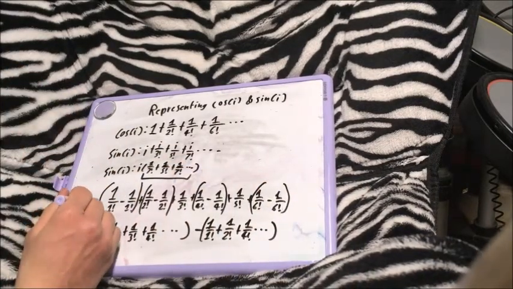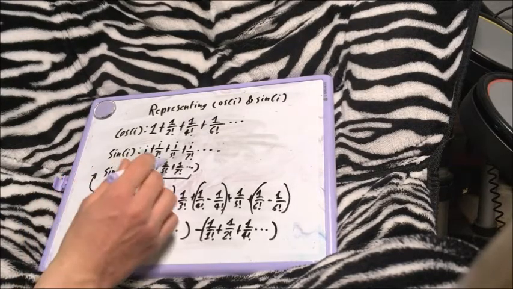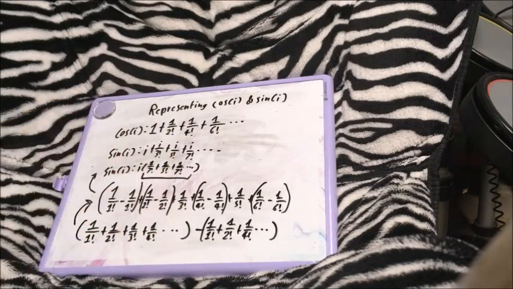This gives us this series right here, which is a representation of sine of i, or at least the part with i factored out.